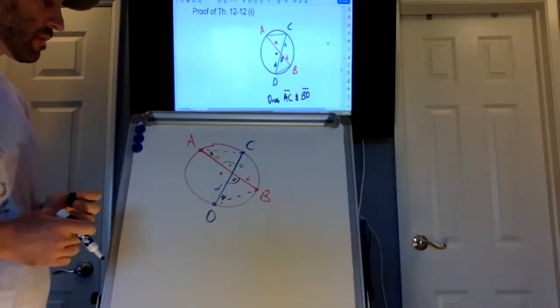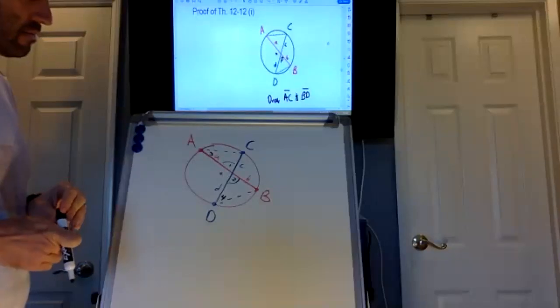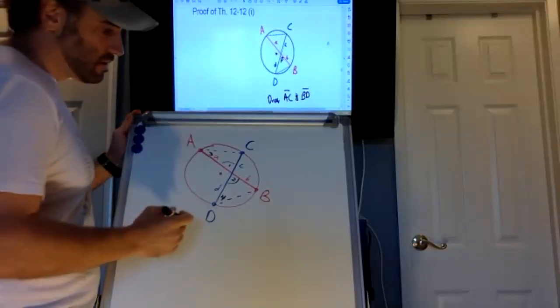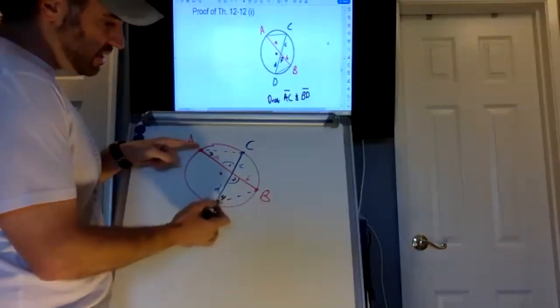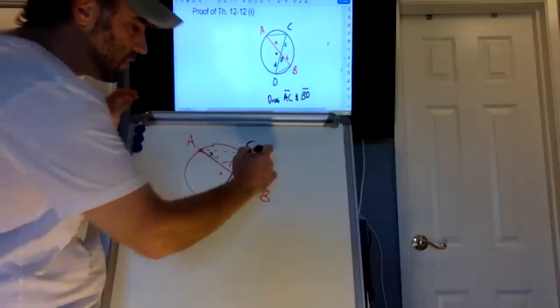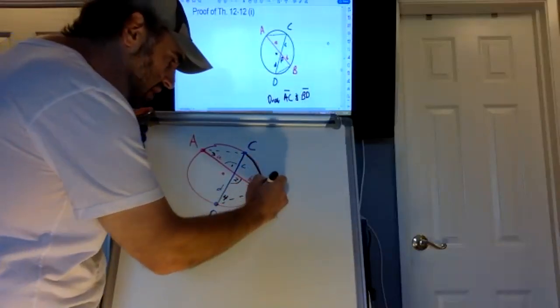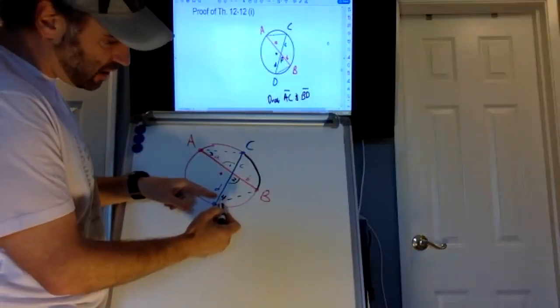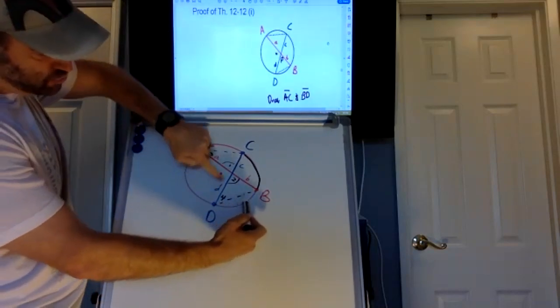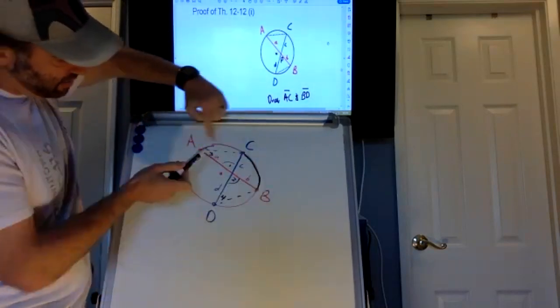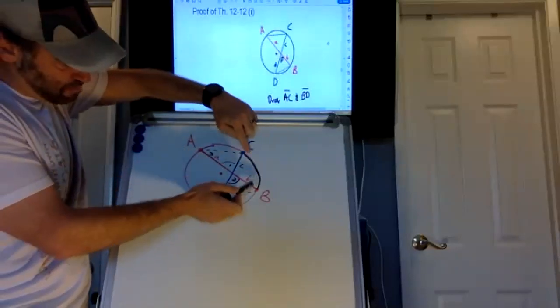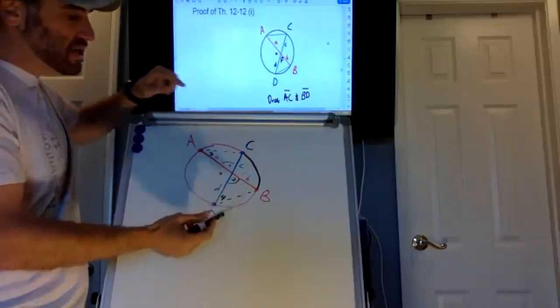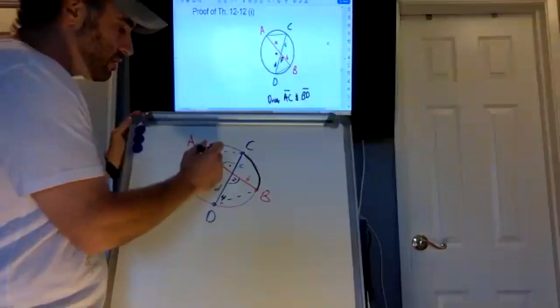The angles intercept the same arc, CB. These inscribed angles 3 and 4 both intercept arc CB. Take a look. Angle 4, there. Angle 3, same arc. So if they intercept the same arc, they are congruent.